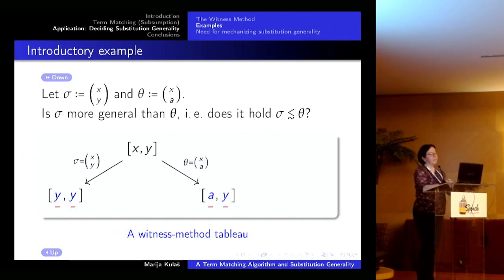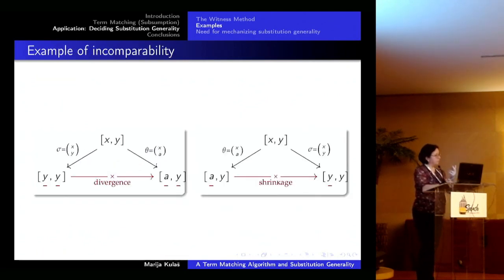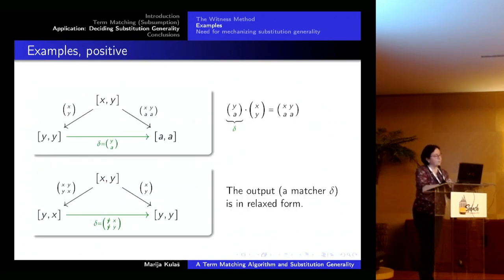Once it will be bound to A, and once it will be bound to itself, so that's not possible. There's divergence, and that's a negative example. By the way, if you switch the order of substitutions, we don't gain much. Those two are incomparable.